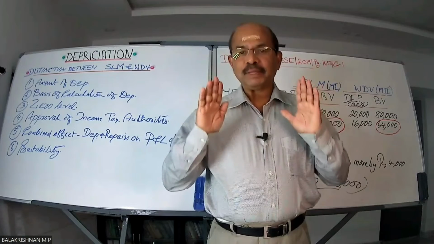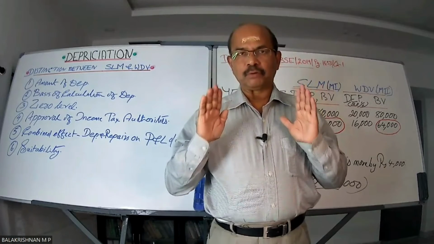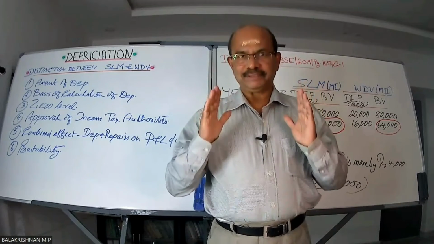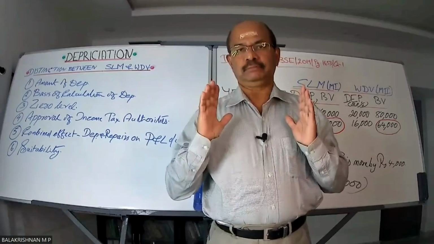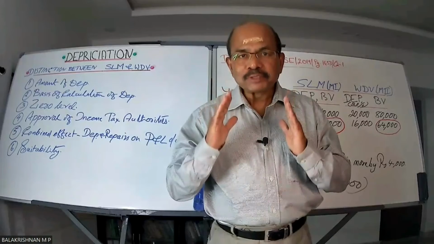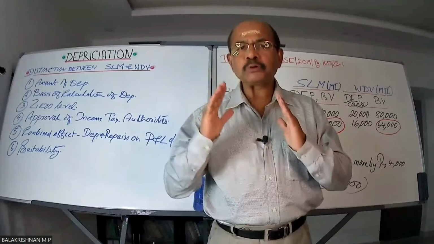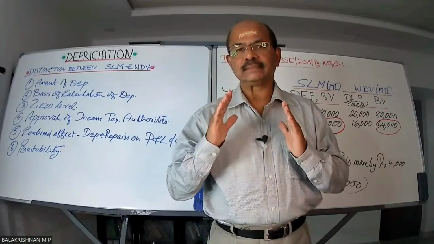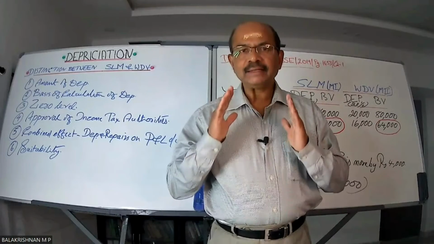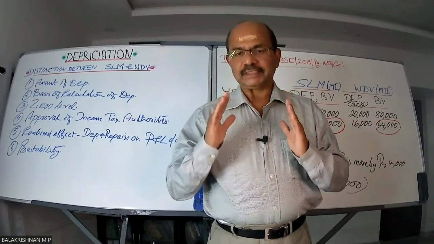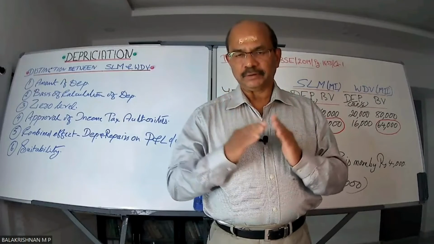Written down value method is suitable for assets which require more repair expenses with the passage of time, and where the possibility of obsolescence is more due to technological changes. Assets such as plant and machinery, vehicles, etc. come into this category.